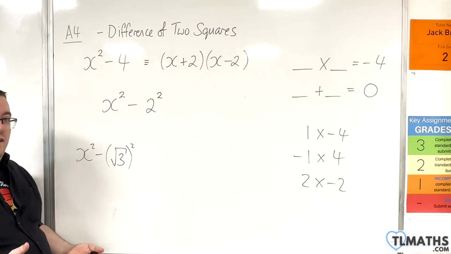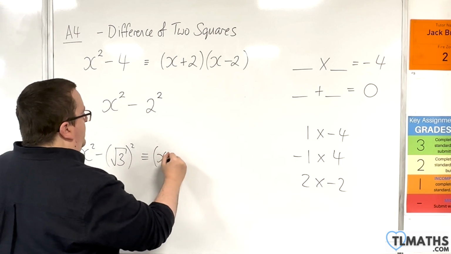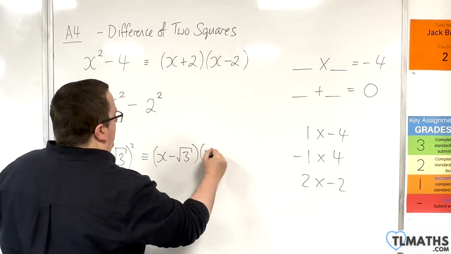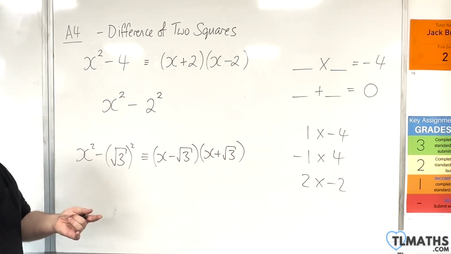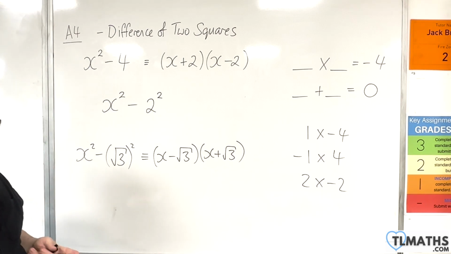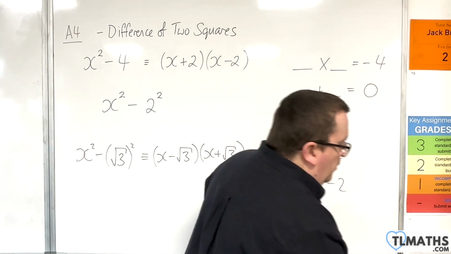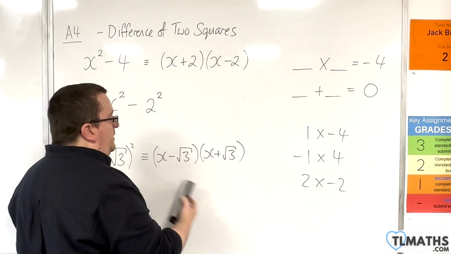You could write it like that. It doesn't look very nice. You could theoretically then write that as x take away root 3, x plus root 3. How useful that's going to be is another matter. So just to be aware, but you could theoretically do that.